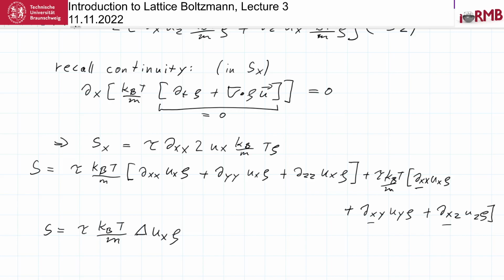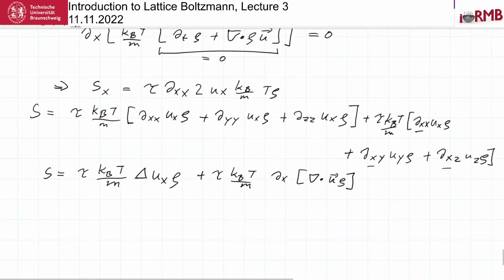So this can be restated as tau k Boltzmann T divided by m dx, and comes the divergence of u. Okay, and now this can be combined with the previous Euler equation.